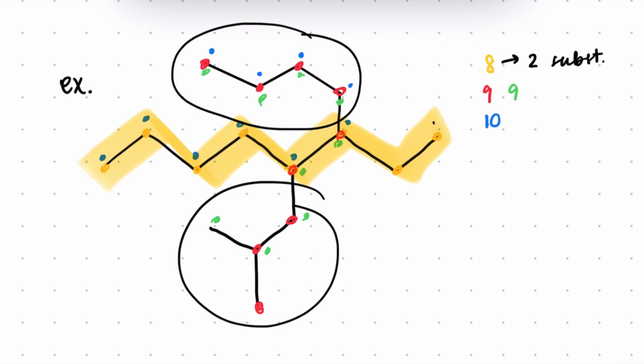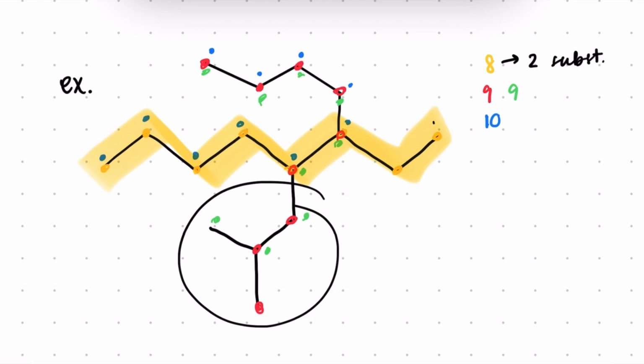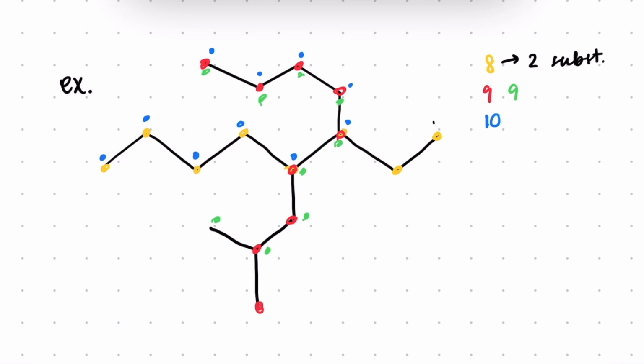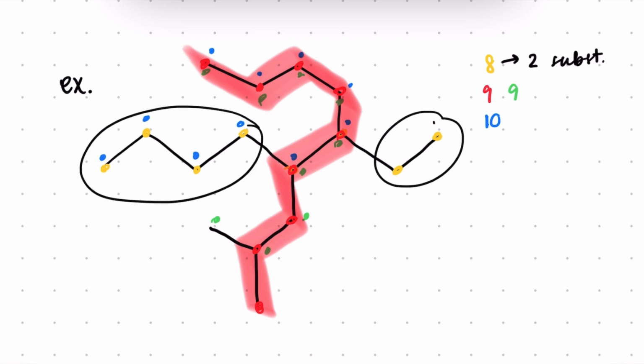And now, when we're considering the other chains, like the red chain, this chain right here, we've actually got 1, 2, 3 substituents present.